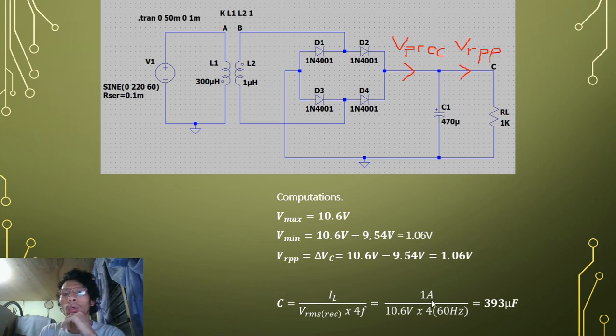Then assuming that the load current is 1 ampere, the equation will be 1 ampere over 10.6 volts times 4 times 60 hertz, and the result is 393 microfarads.